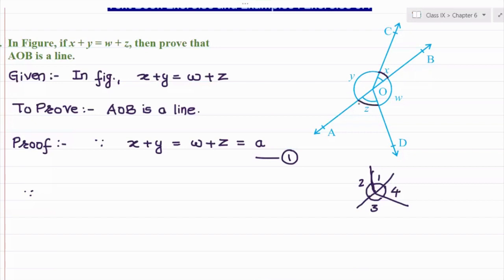So we can say that the sum of all four angles will be equal to 360 degree. So first we'll write down x plus y plus w plus z will be equal to 360 degree. Reason can be given here, complete angle.